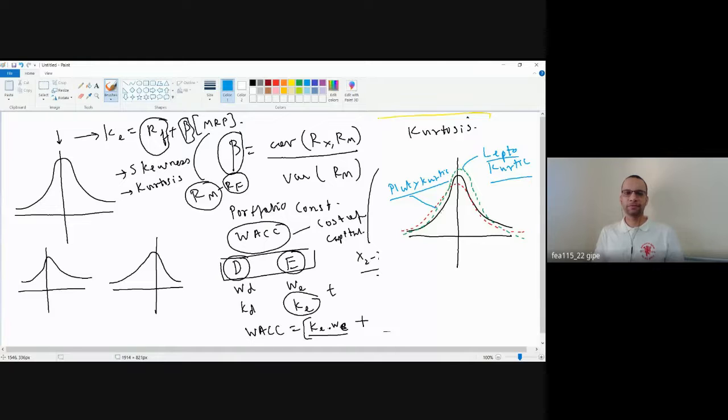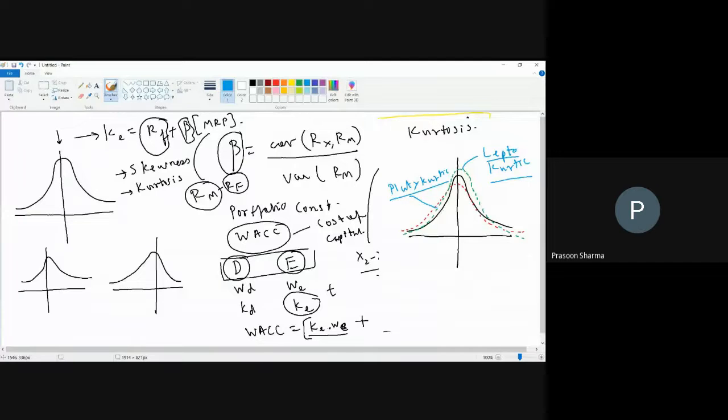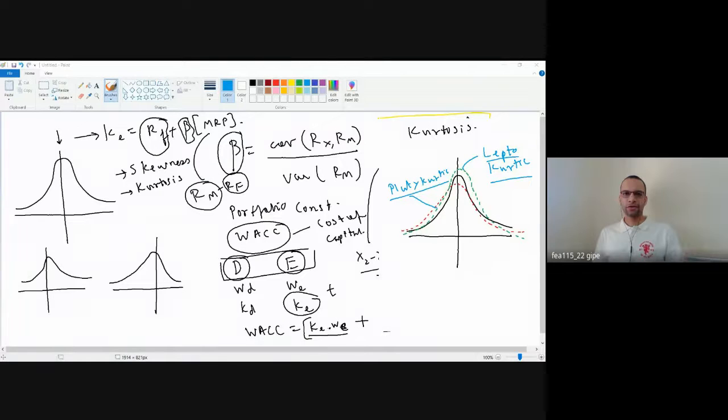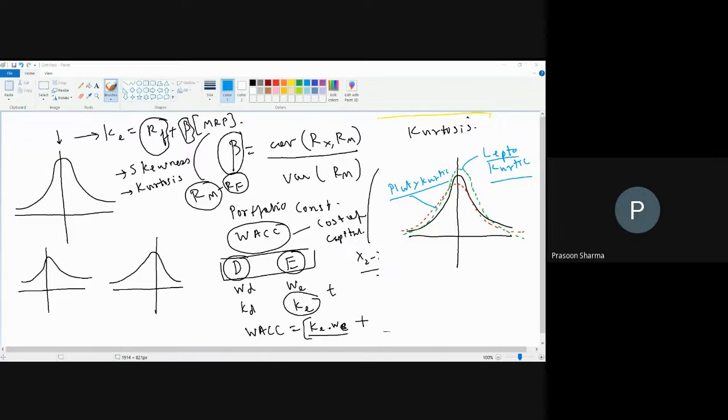A leptokurtic distribution has more points towards the mean and also more points away from the mean, more extreme points as well. Correct, you're right. Could you extend this to a risk management perspective? The leptokurtic, having more extreme deviations, might be more risky.